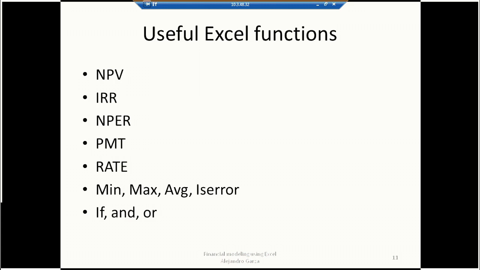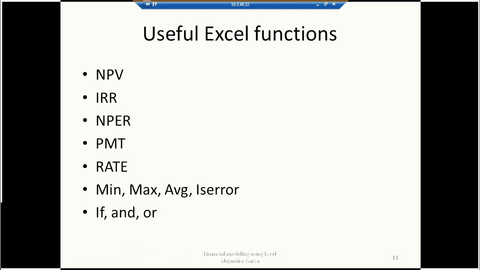Now, the next thing, Ross told me also, you've touched on some of the Excel functions that are most commonly used in financial analysis. NPV, or net present value, internal rate of return, the number of periods, the payment, the implied rate over a series of cash flows. Then some statistical functions like minimum, maximum, average.